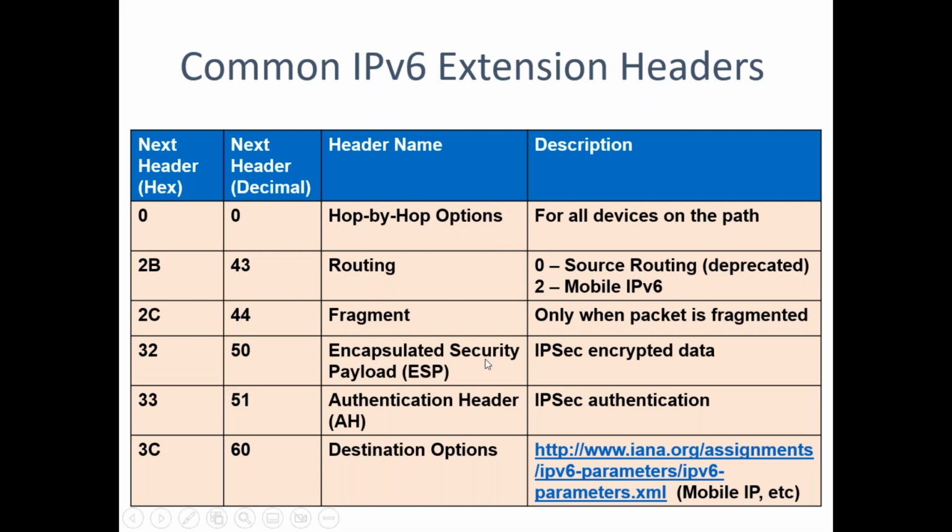I would say hop by hop and routing, the routing header, are both somewhat controversial in that each device along the path has to look at the hop by hop header. And so some people feel, well, that will add quite a bit of latency to the traffic.